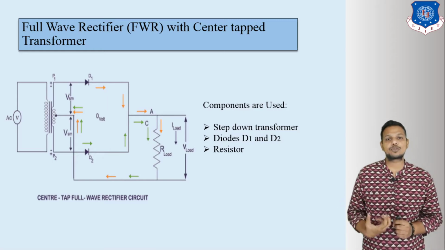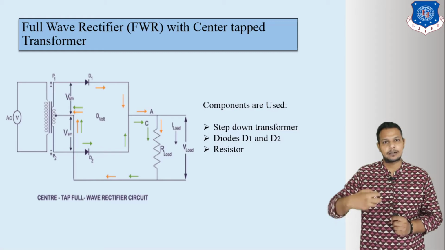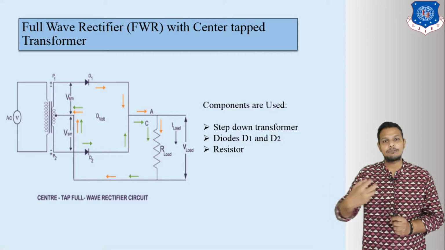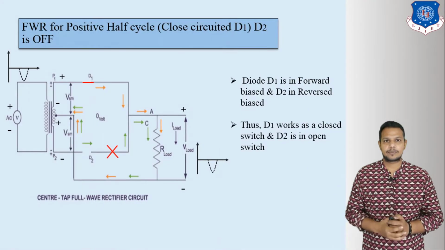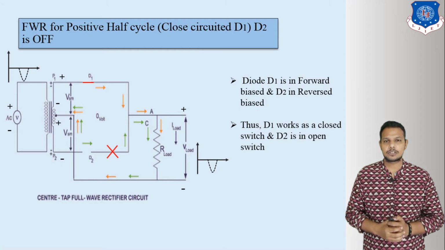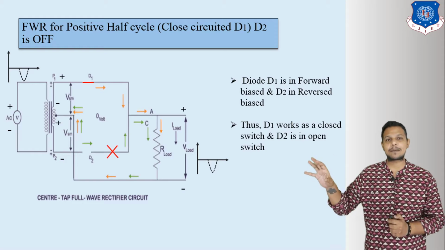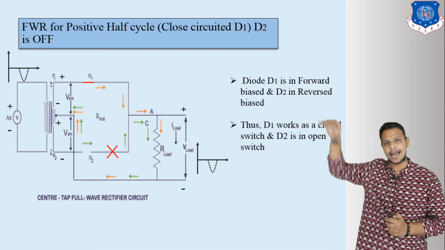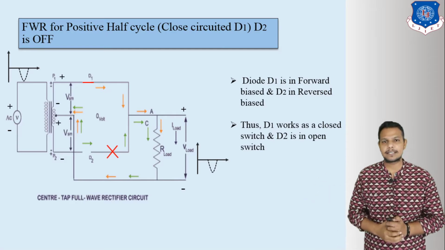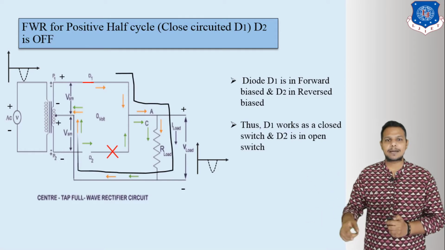We have to conclude what we get at the output side if we enter a positive waveform at the input side. So let us discuss the positive half cycle first. In this circuit diagram, if we apply the positive half cycle, the upper terminal is plus and the lower terminal is minus.